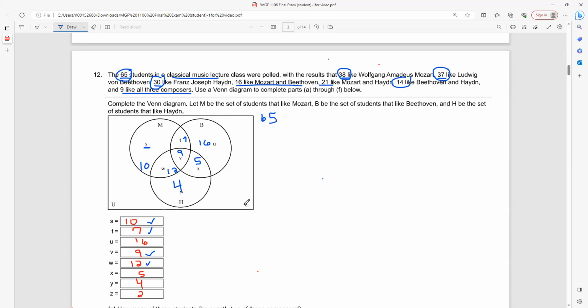What's left over would be the number of students that didn't choose either composer. So we'll take 65 and subtract 10, just going through the circle, subtract 12, subtract 9, subtract 7, subtract 16 and 5, and then subtract 4. After we subtract all of these numbers from 65, we'll get 2. So down here, the number of students that didn't choose either composer will be 2.